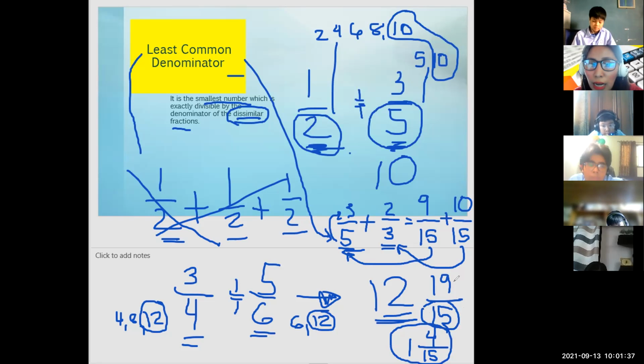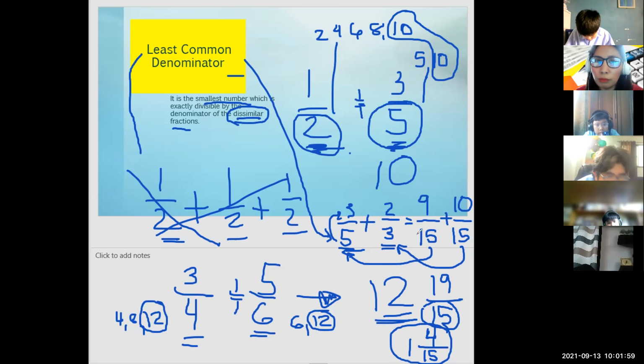And then subtract lang. 4 over 15. That's why we have 4. Bear that in mind na subtract lang. No need to put lots of computation. Subtract lang kayo, for you to get the numerator.